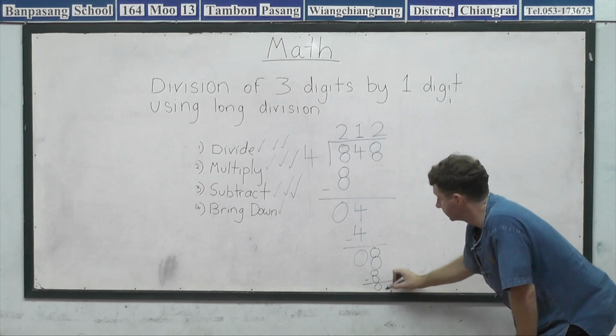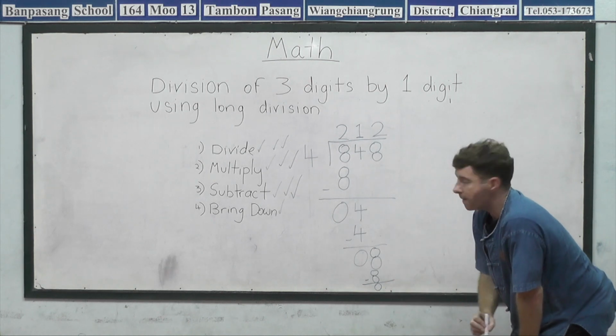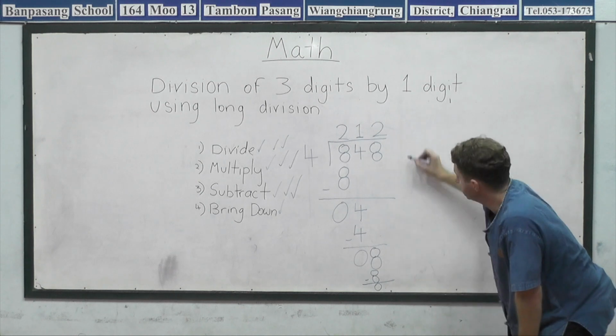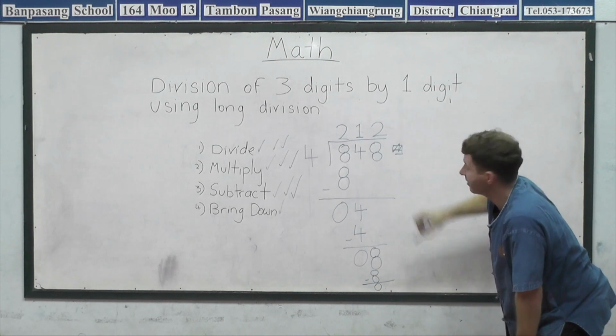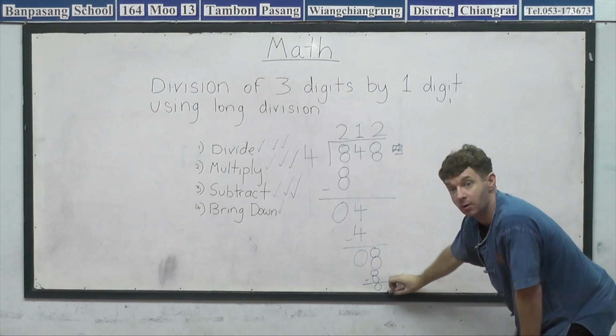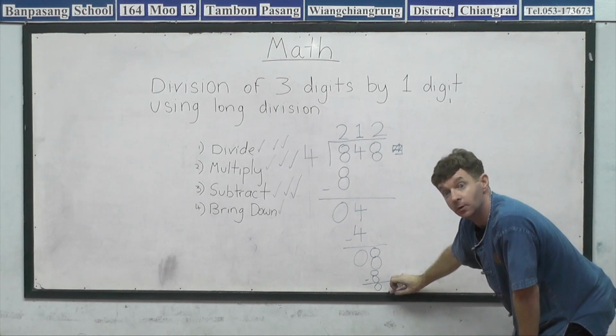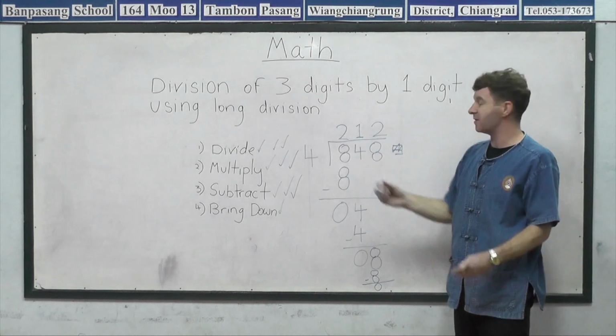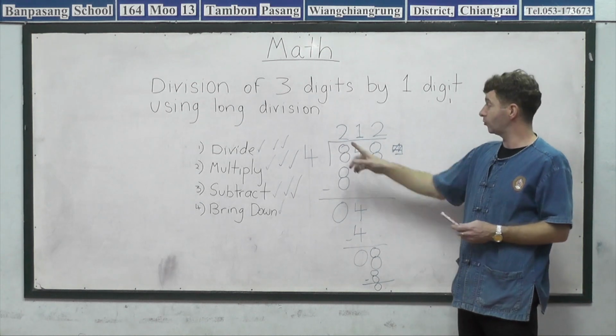And what's step number 4? Bring down. But now we don't have anything left to bring down. We're at 0. Any remainders? No. So therefore we have our answer. 212.